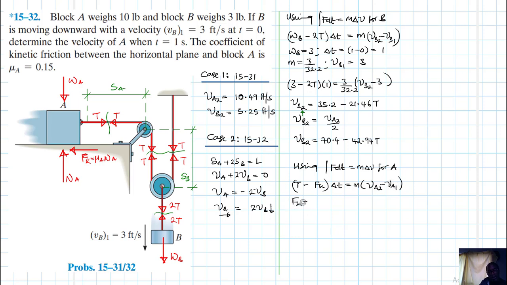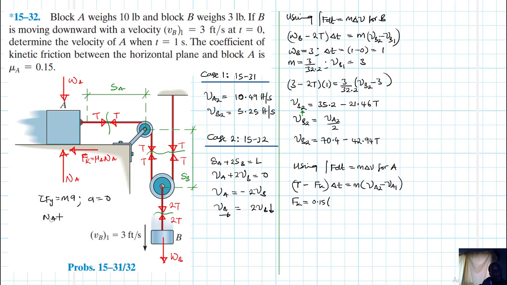Fk is just equal to mu A, which is 0.15, times Na. Summing the forces in the y direction, equal to Ma, but we know that a is equal to 0.